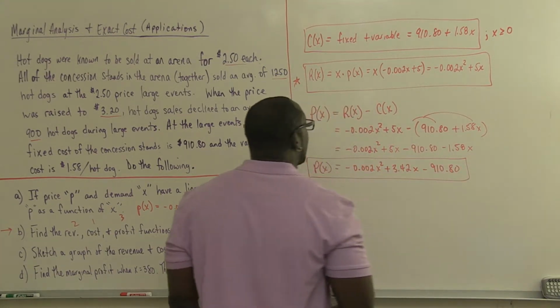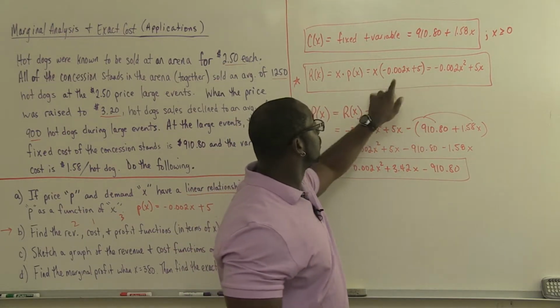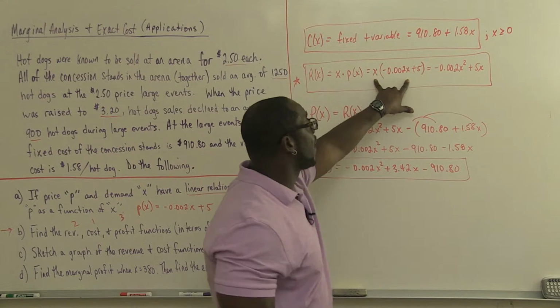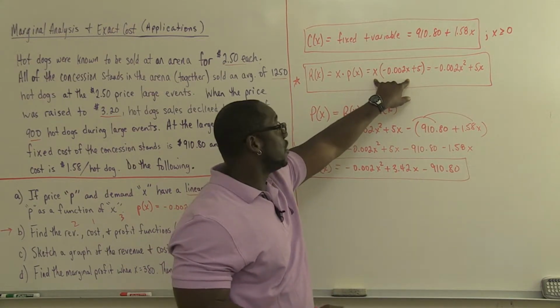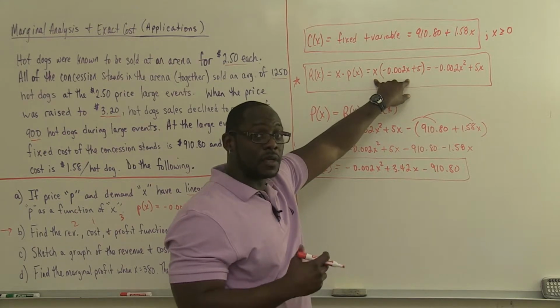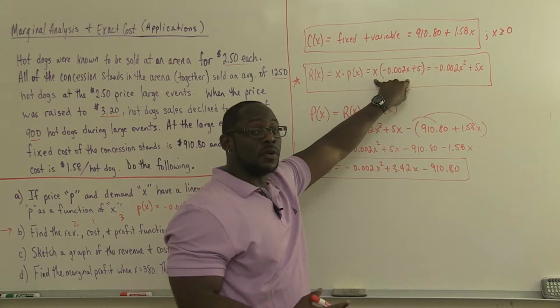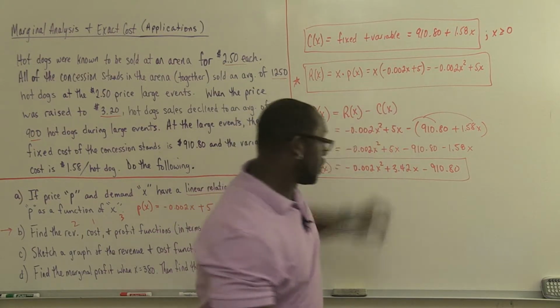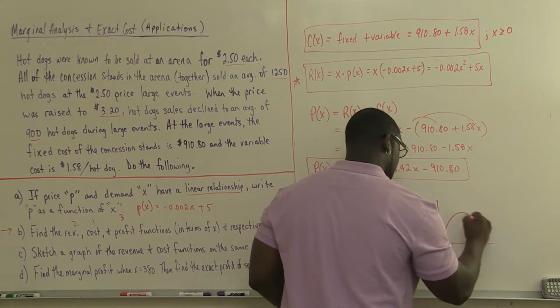All right, so for our revenue function, we notice here that in factor form, it looks like this, and we can actually draw what this is going to be and find the places where we have x-intercepts. If we were drawing a graph of it, it would look something like this.